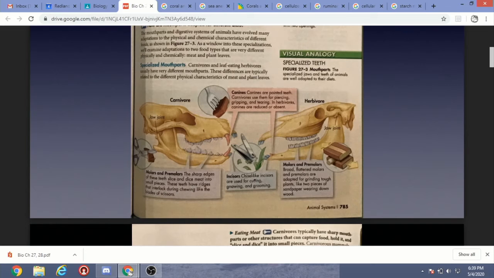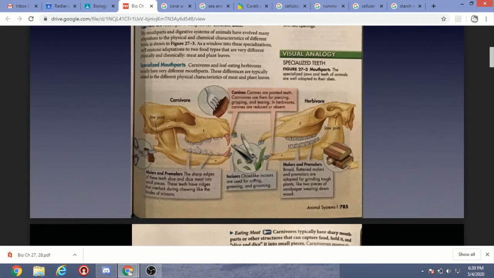These teeth have ridges that interlock during chewing like blades of scissors. You see how the blades of the scissors do most of their work when the blades cross each other? That's kind of what's happening here. When your top molars and your bottom molars come across each other, they do that scissor-like action.